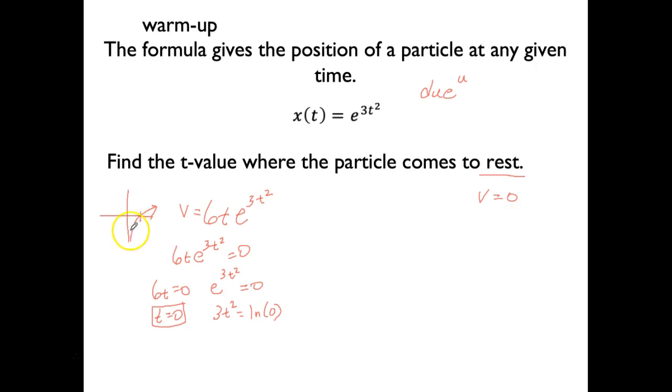And remember, it never touches this line. There is no point at which natural log of 0 exists. There is no natural log of 0. So this doesn't give you anything. We can ignore that portion. The only way to make this thing equal to 0 is by t being 0. So that's when the particle comes to rest, at t equals 0.